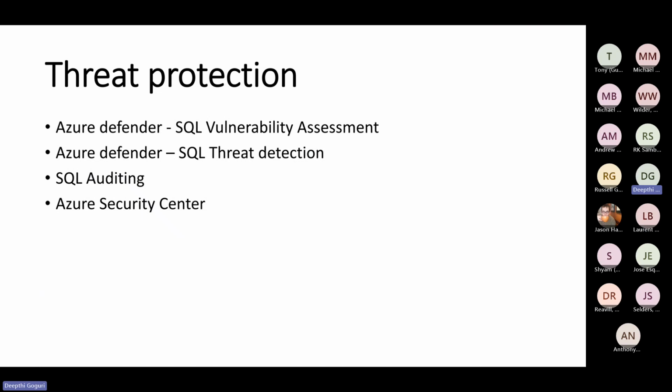You can also see that underneath the Azure Security Center. Azure Security Center is like a one-stop shop where you can see all of this information together, like the vulnerability assessment, threat detection details, all of that. And we also have SQL auditing. Just the way we audit SQL on-prem, we can also audit your data in Azure.